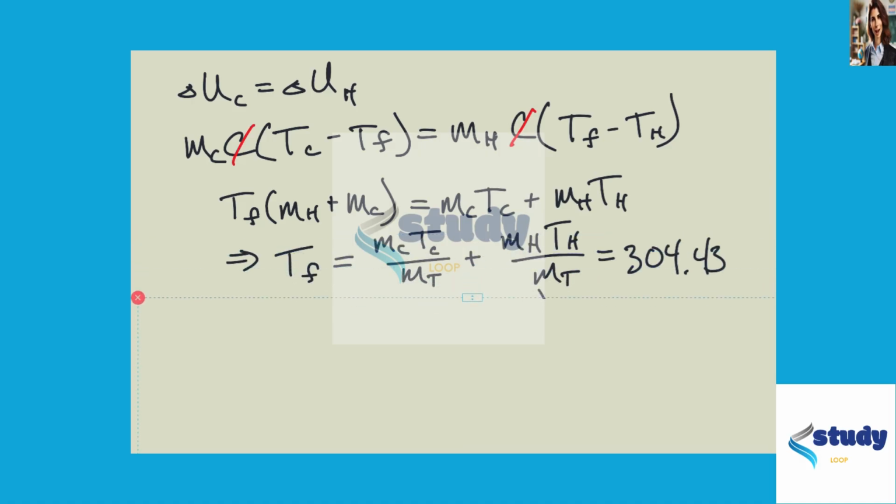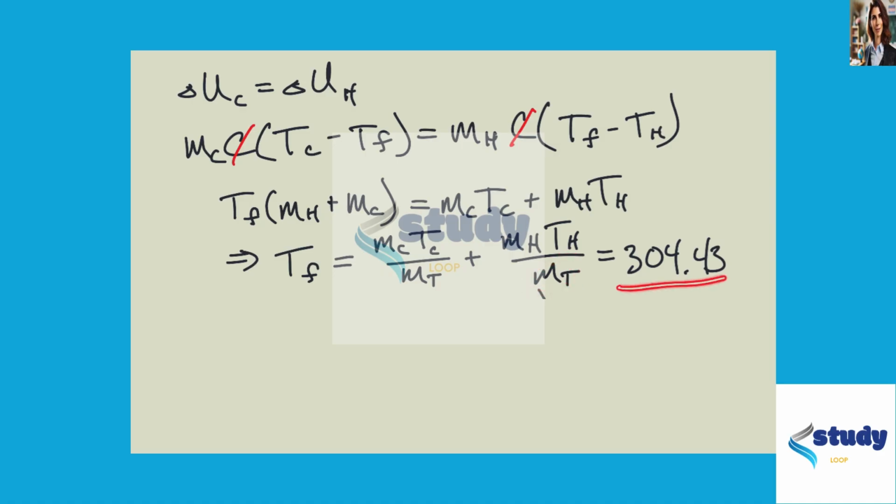Now, if we solve for the final temperature, we see that actually it's a mass-weighted average of the two temperatures. So we get the mass of the cold times the temperature of the cold divided by the mass of the total, plus the mass of the hot times the temperature of the hot divided by the mass of the total.